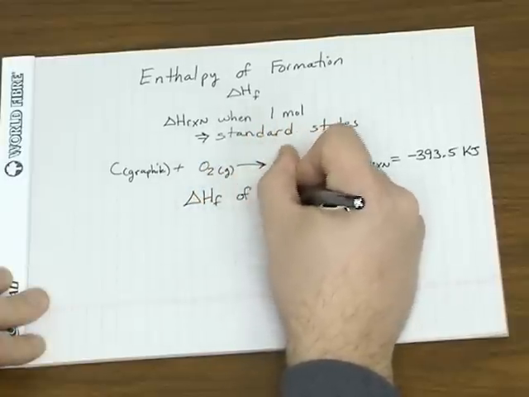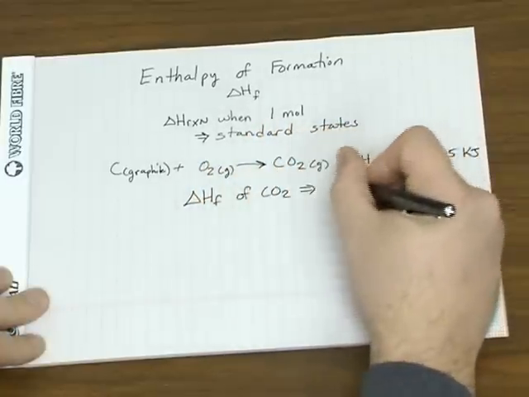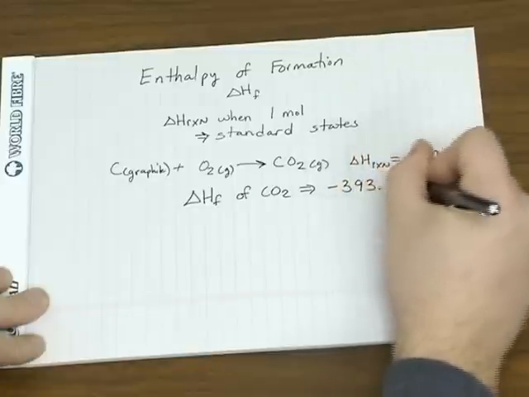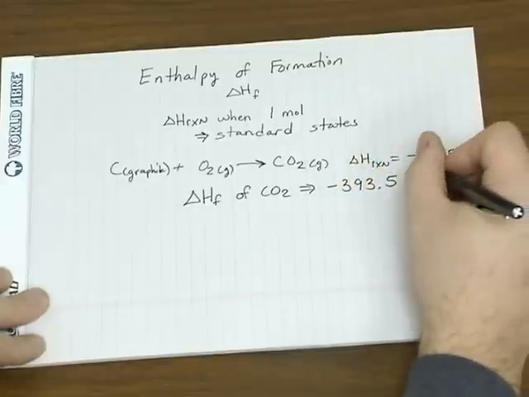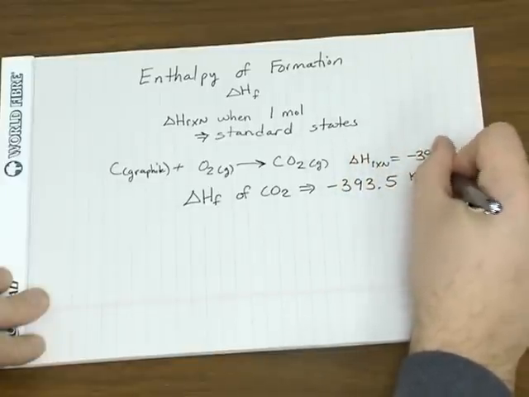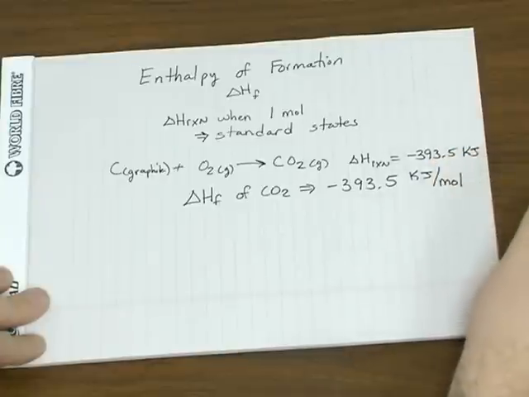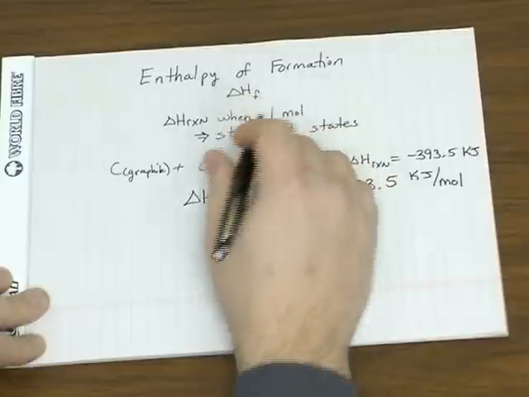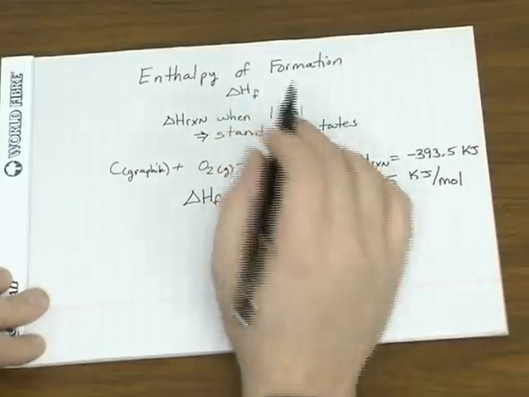So the enthalpy of formation of CO2 is said to be negative 393.5 kilojoules per mole, because again it's specific for 1 mole of that substance.